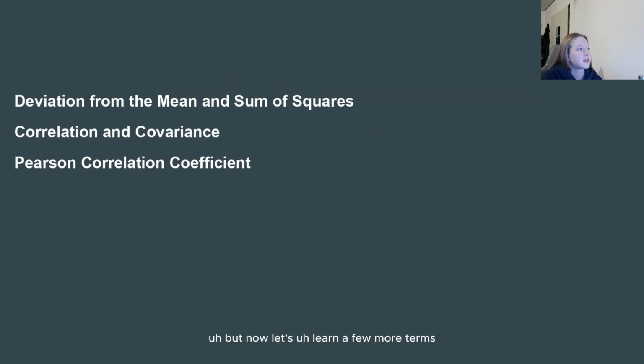But now let's learn a few more terms. When analyzing data, we often measure how much each value deviates from the mean. By squaring these deviations and summing them up, we get the sum of squares, a key step in calculating variance and standard deviation. To understand the relationship between two variables, we measure covariance.